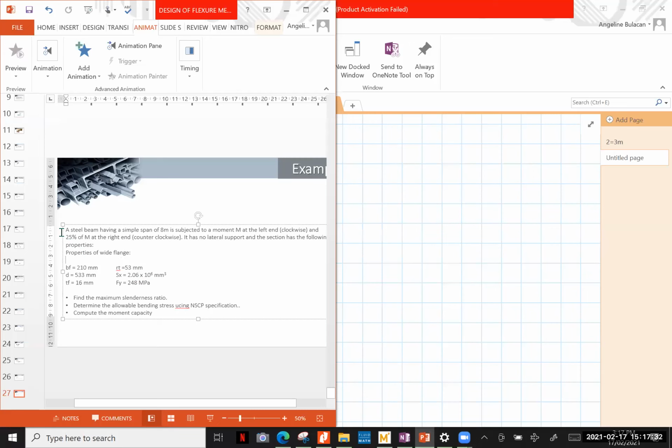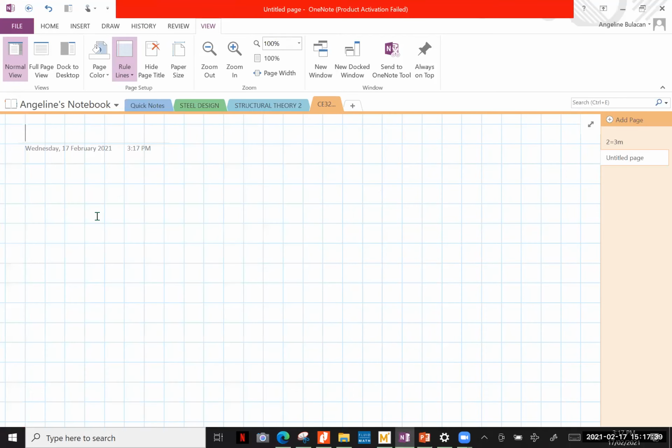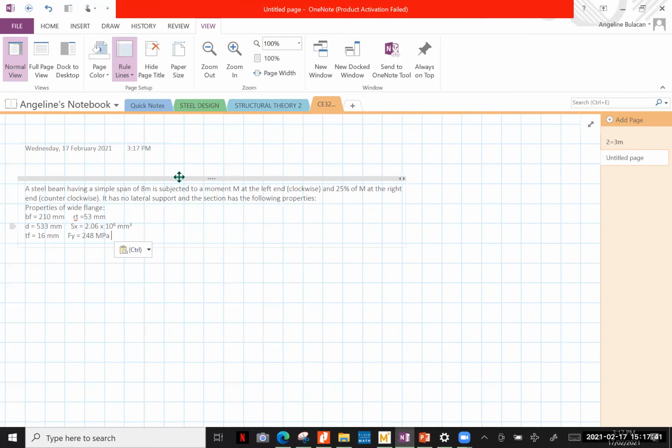Find the maximum slenderness ratio, allowable bending stress, and then moment capacity.